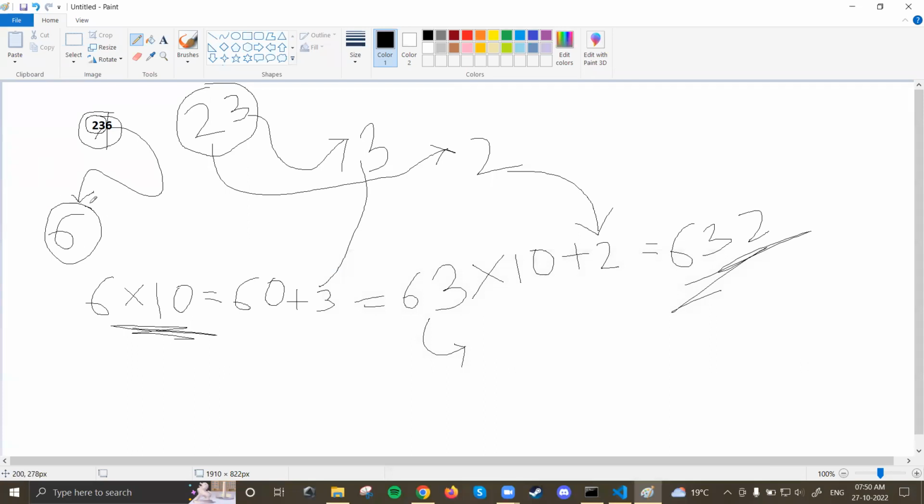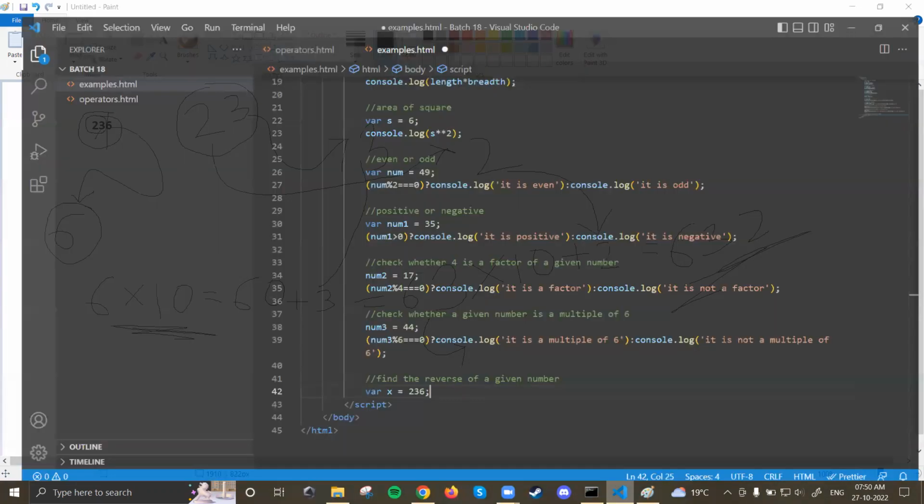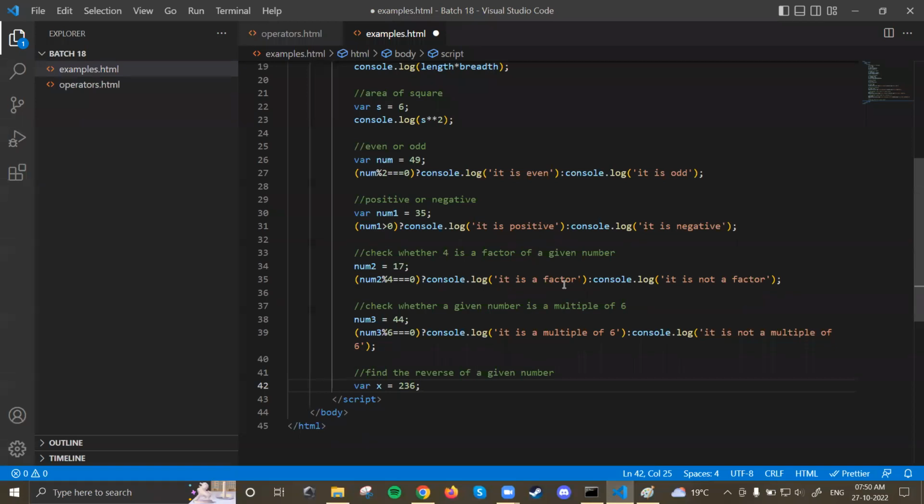We separated the 6, isn't it? Before starting this, I need to teach you one more thing, another method. This is not an operator, this is known as a method.